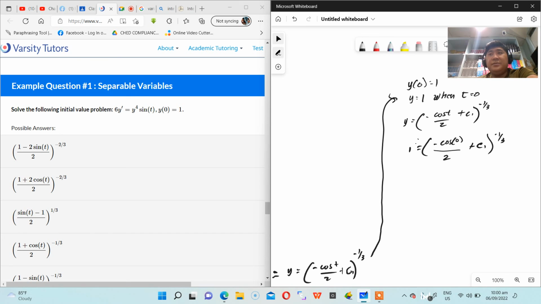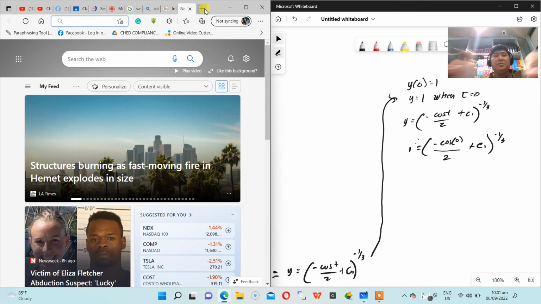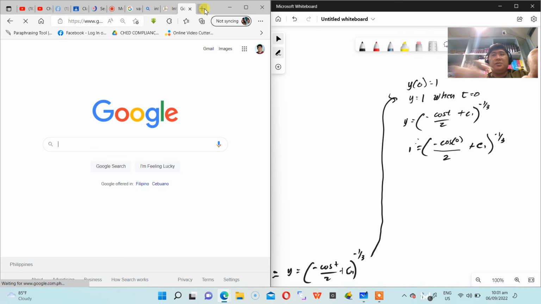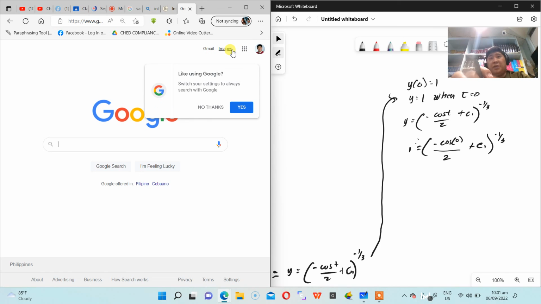Anyone? Negative cosine, what is that equivalent to? So cosine 0 is 1, since you have negative here, so it becomes negative 1.